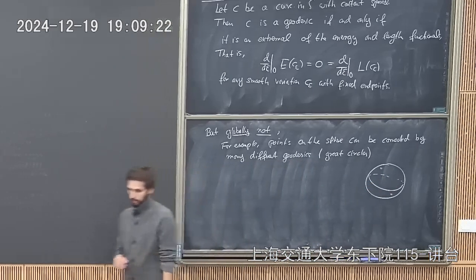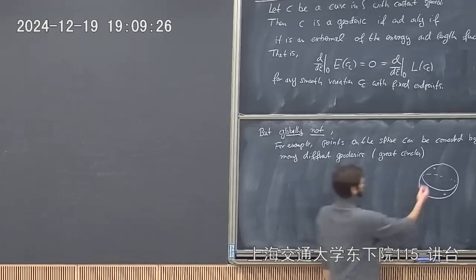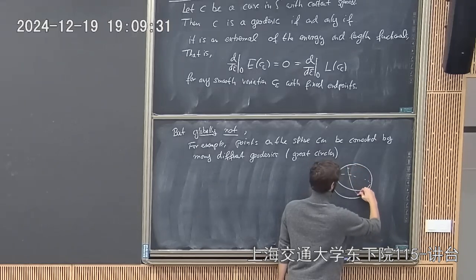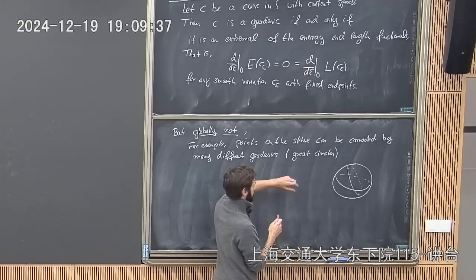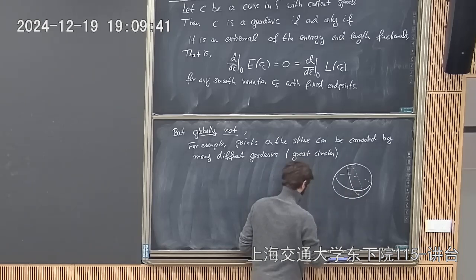One would be maybe you can choose the one that goes around like this, but you might also find a different path where you just rotate this point back here.